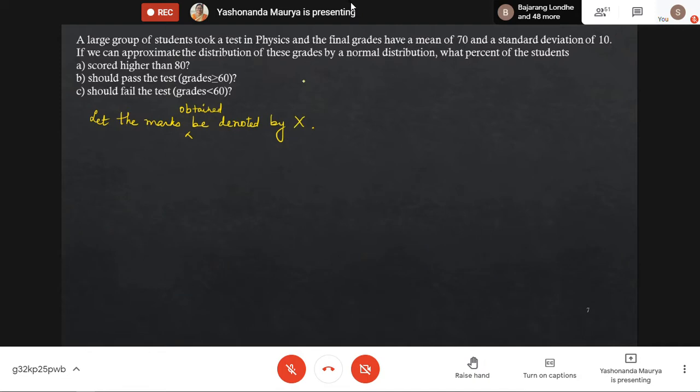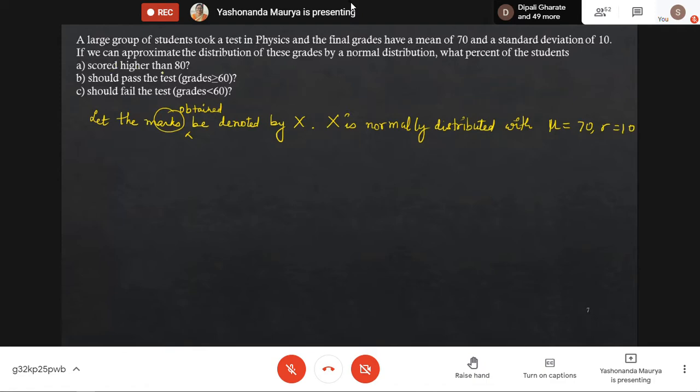Then these grades, sorry, write down the grades obtained. So what is given is x is normally distributed with mean 70 and sigma 10.